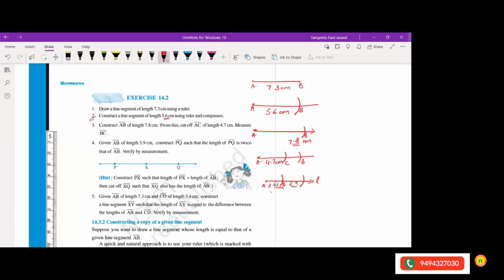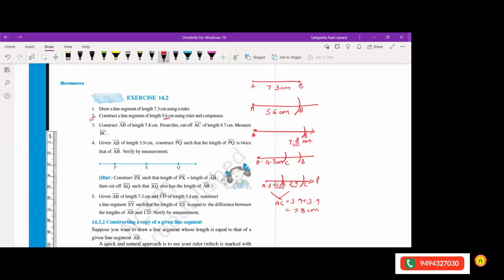So that means this line from A to C will be 3.9 plus 3.9, which means 7.8 centimeters. You understood this? Yes, ma'am. So this line is now double of this. Yes, Devesh.